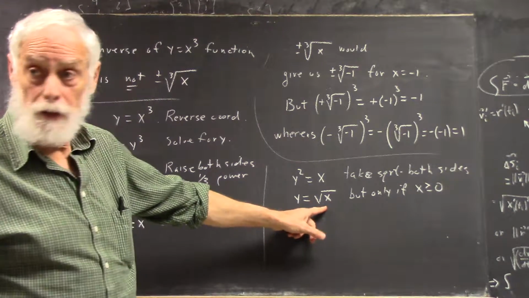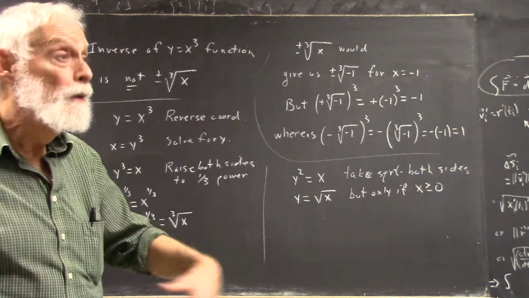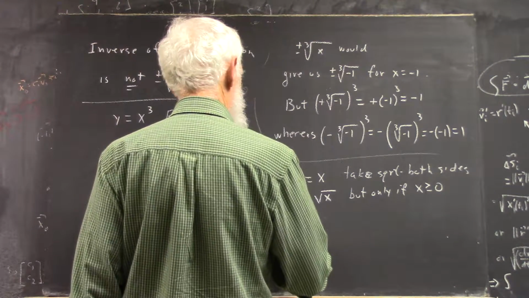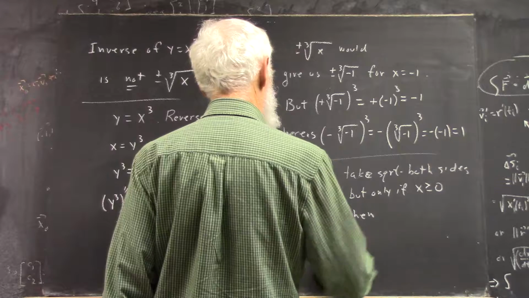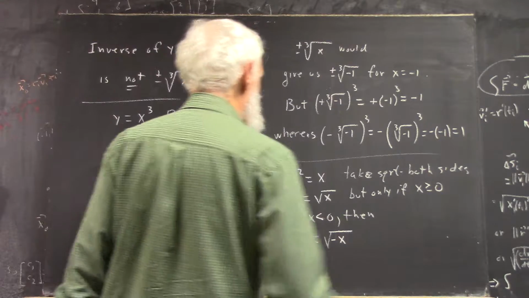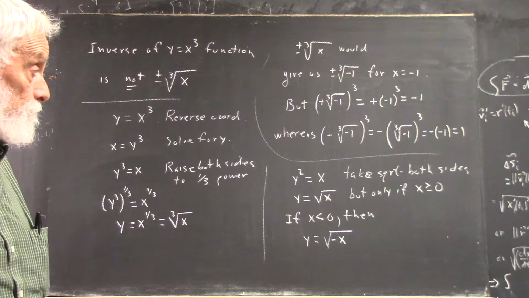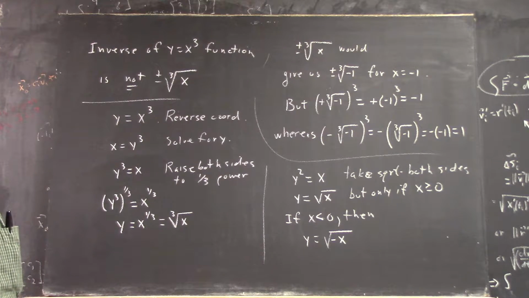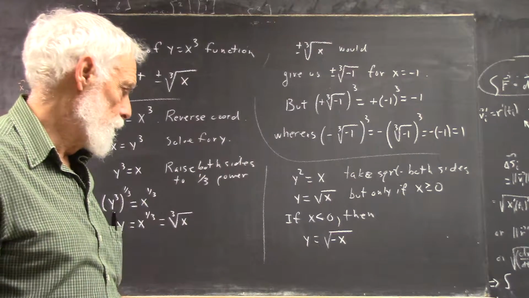Because if x is less than 0, you can't do its square root. It's not defined. It's not a real number. I mean, it is defined as a complex number, but it's not a real number. If x is less than 0, then y has to be the square root of -x. Okay? So you get two branches of an inverse function, but you don't get an inverse function.